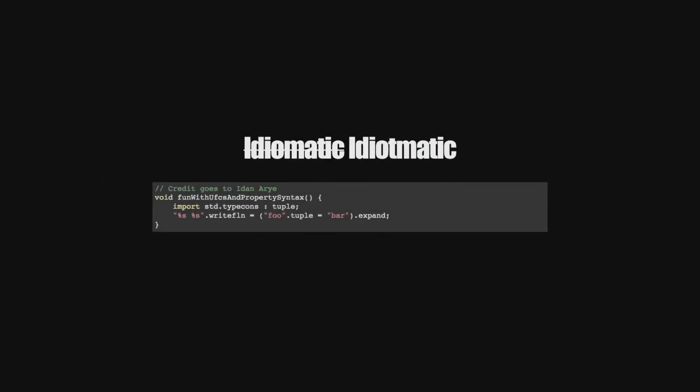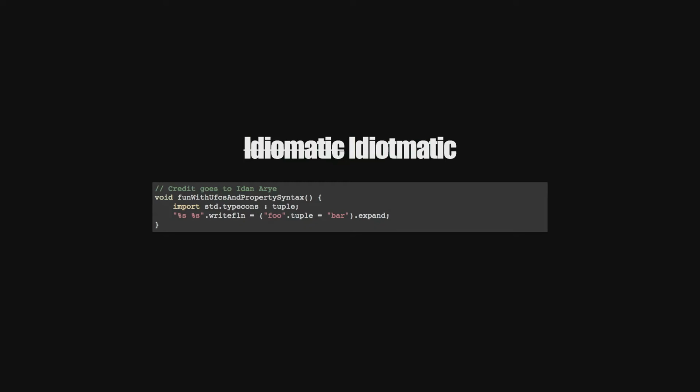This is a work of pure genius. You can take uniform function call syntax and property syntax and combine them together, and it'll actually work. It is defined. This isn't undefined behavior. It's in the language spec that you can do this, and I did find an interesting use case for it.